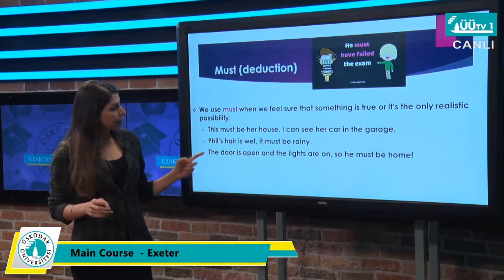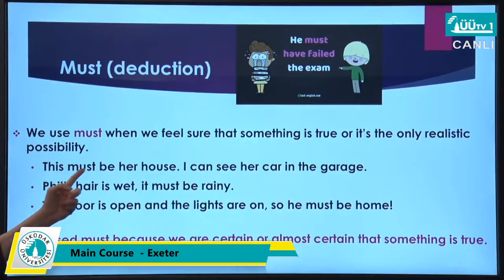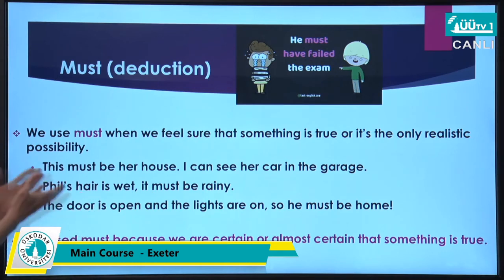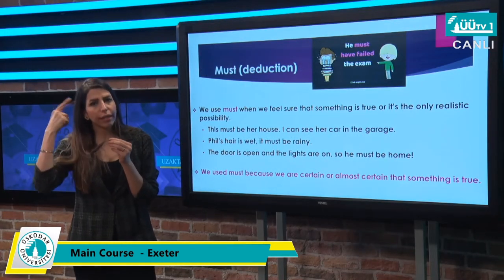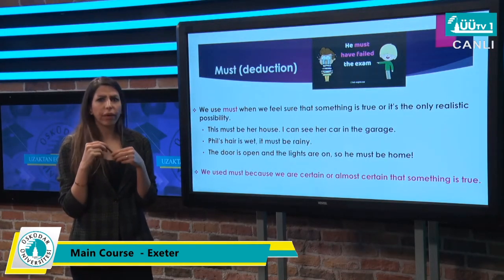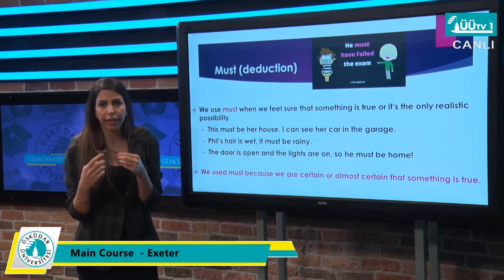Look at these examples. This must be her house. I can see her car in the garage. Because you see her car in the garage, because you see evidence right there, you become sure that this must be her house. Phil's hair is wet. When my hair is wet, what do you think? You start guessing that, okay, the weather can't be sunny.